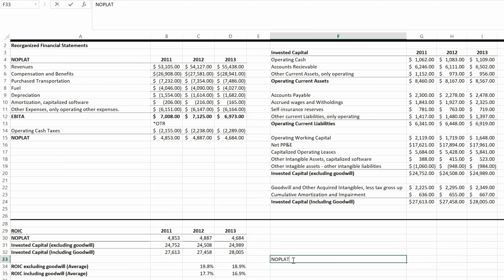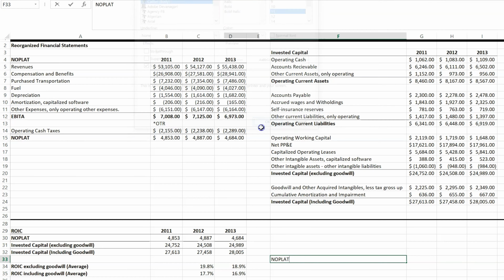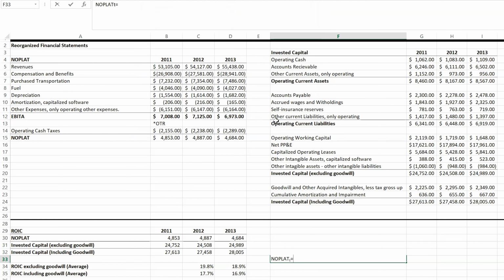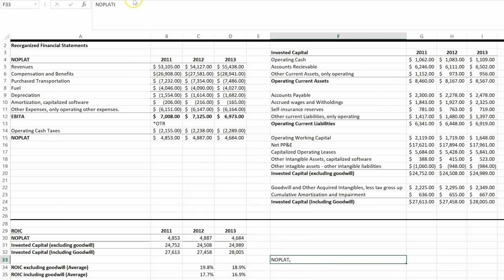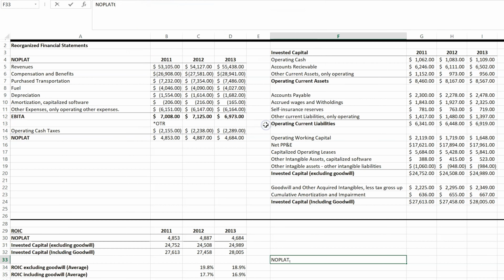We are calculating average ROIC here. We want NOPLAT in the current year divided by invested capital.